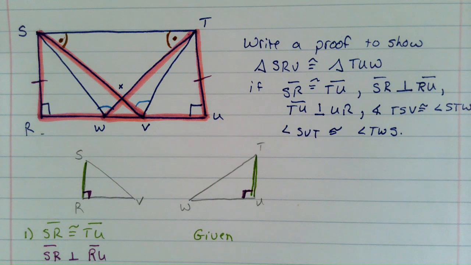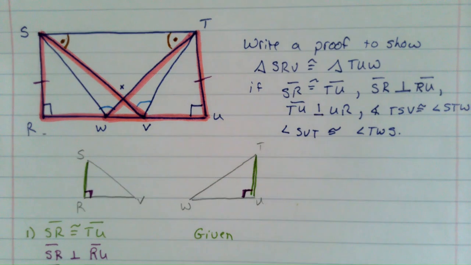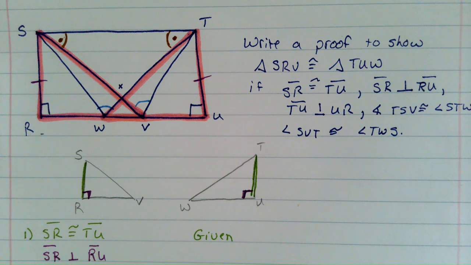But I'm trying to prove the triangles here congruent, and I didn't get to mark anything else in those triangles. What am I going to do? Like, do I have enough? And I get that that's probably what you're looking at going, you're probably listening to this video going, really? Is she seriously going, is that enough? Okay, breathe. That's why we've written the two triangles down below.